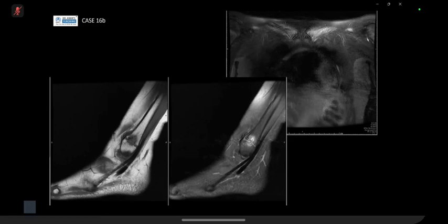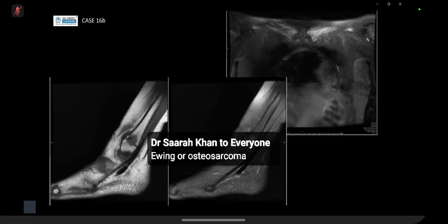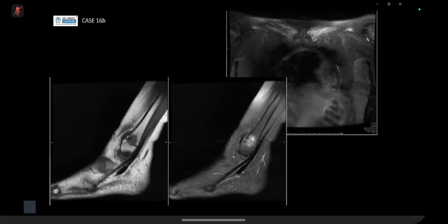Okay. This is an MRI showing bone marrow edema at both medial aspects of the clavicle with soft tissue edema surrounding it. And at the right ankle, there is also bone marrow edema at the physis, with a lytic hypointense lesion seen at the physis with surrounding edema.